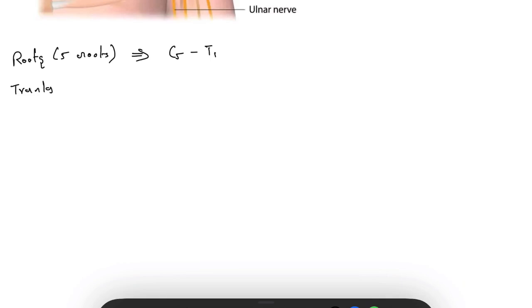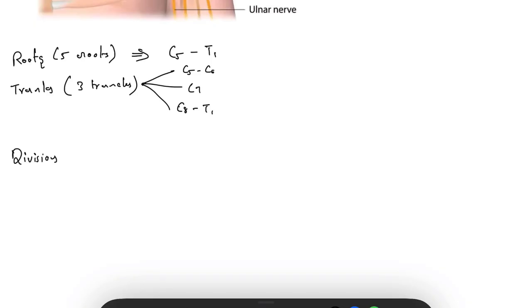How many trunks can we see? Total 3 trunks. C5 and C6 form one trunk, C7 forms one trunk, and C8 and T1 form one trunk. So total 3 trunks.